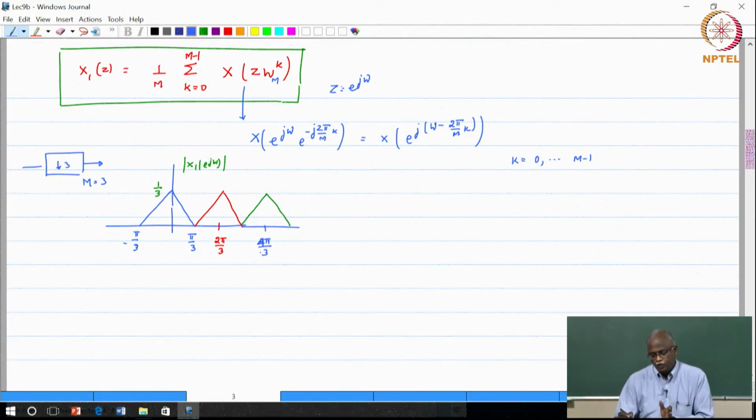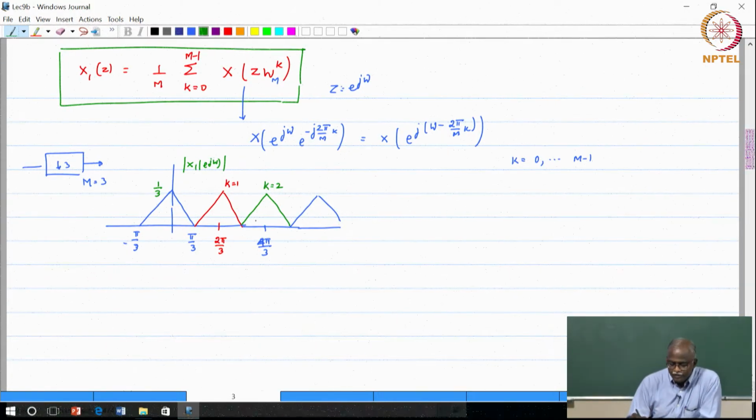So k equal to 0, 1, 2 gives the number of copies, and then you would have the original signal again. So this is what x1 of e^(j omega) is. It has multiple copies of the input spectrum shifted by multiples of 2 pi over m. They are centered around these frequencies; this corresponds to k equal to 1, and this corresponds to k equal to 2. Okay. So this is easy to visualize.